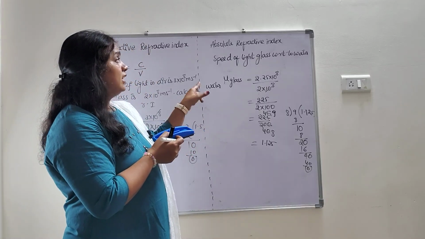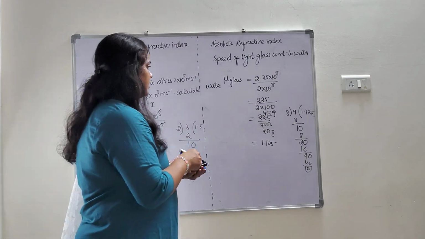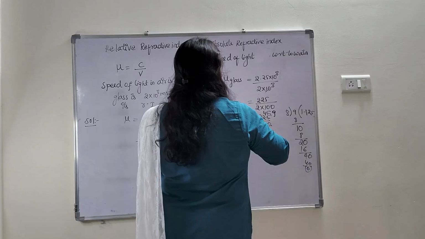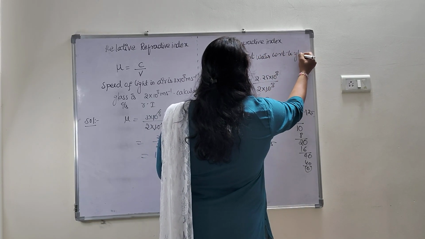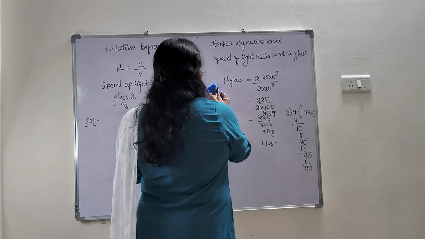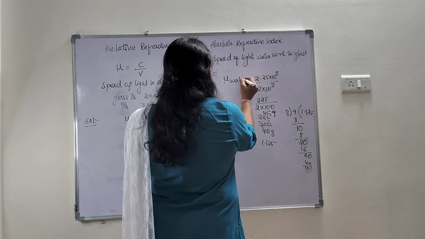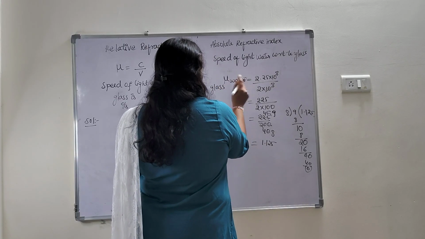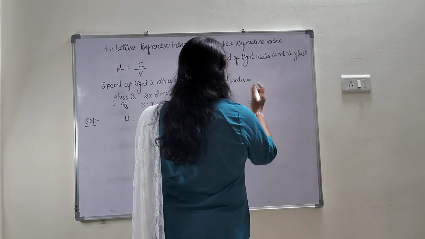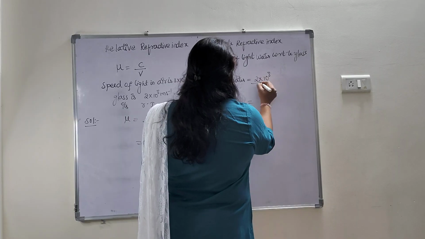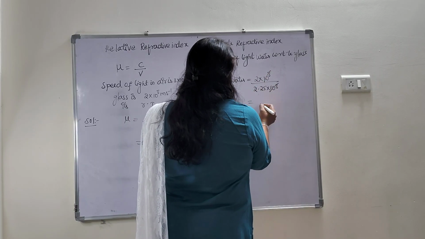Similarly, you can calculate the refractive index of water with respect to glass. So how much we get, that also we can see. Here you just change water and glass. So in the numerator we'll get 2, that is 2 into 10 to the power of 8, and in the denominator 2.25 into 10 to the power of 8. Both will be cancelled.